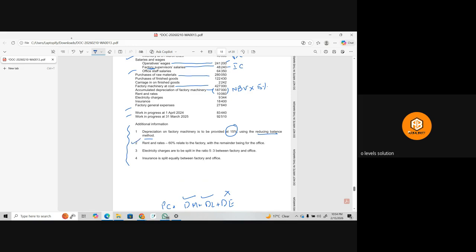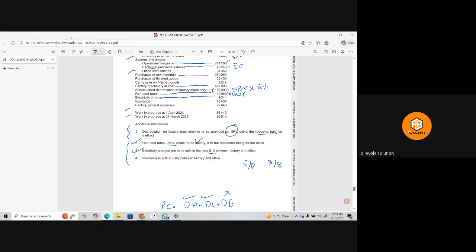Then there's the rent and rates, 60% related to the factory. As you can see, these are the rent and rates. We will multiply this by 60% and transfer it into the manufacturing account. Then electricity charges are to be split 5 to 3 between factory and office. So 5 to 3 means 5 over 8 and 3 over 8.